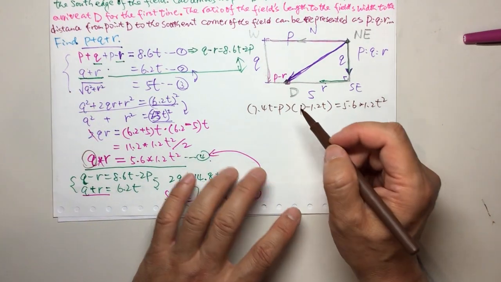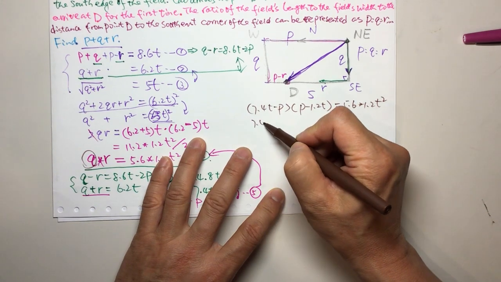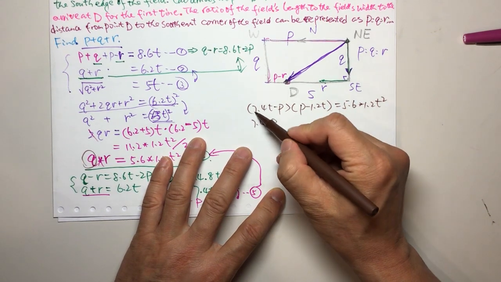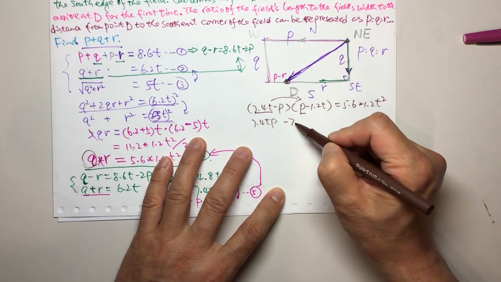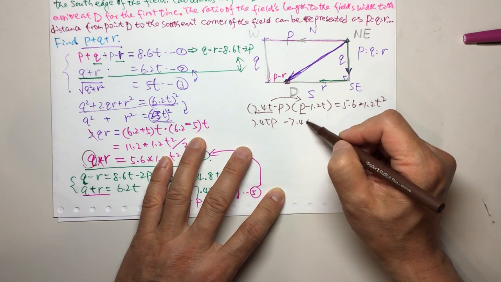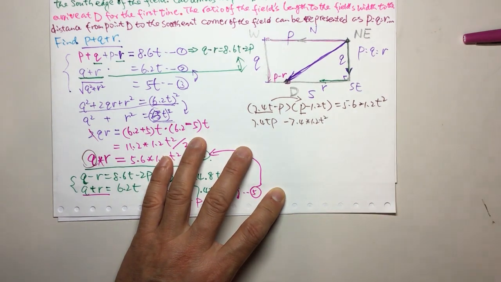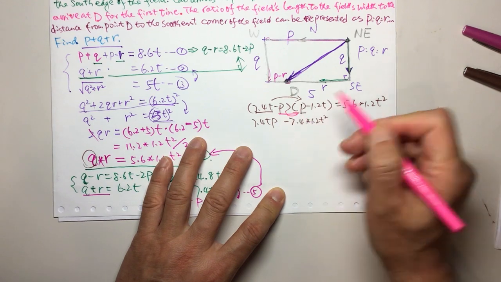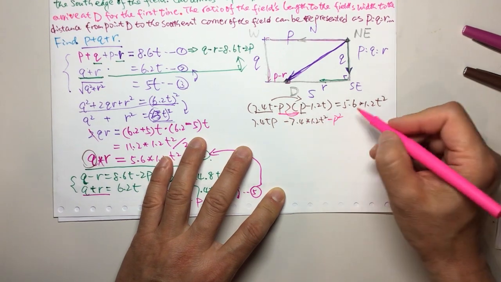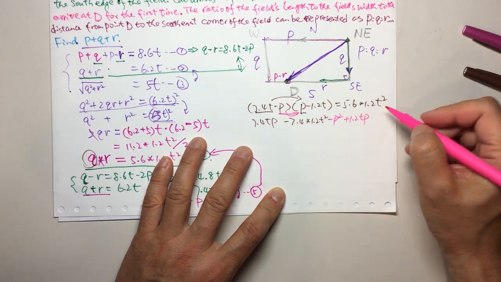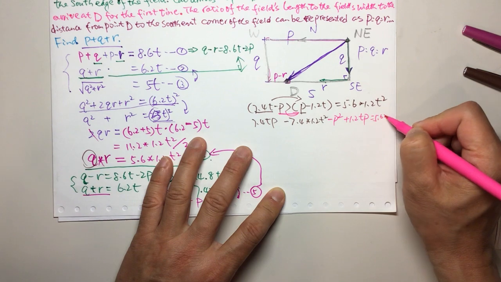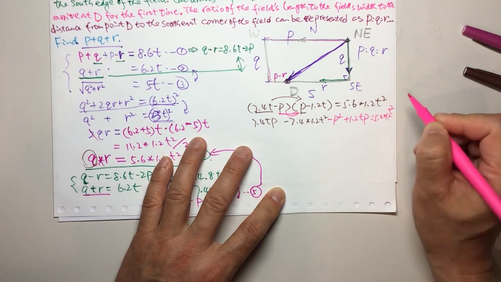Let's try. That's 0.4TP, and minus 7.4 times 1.2T squared. Then minus P squared plus 1.2TP, and here is 5.6 times 1.2T squared.